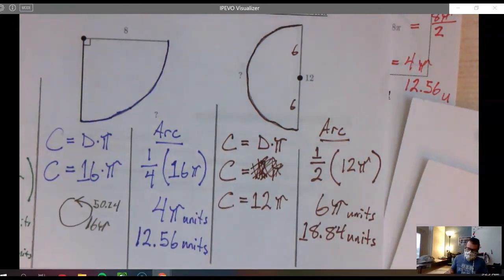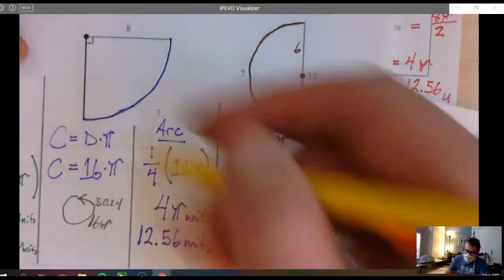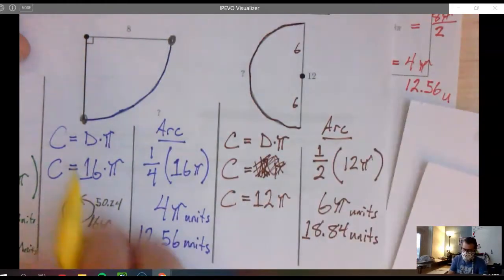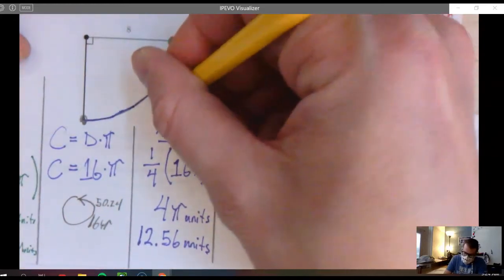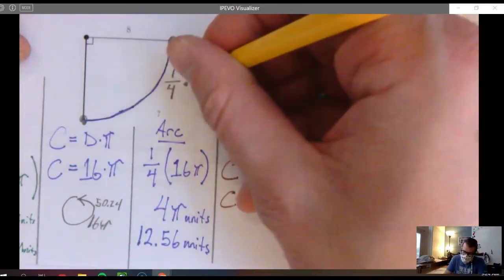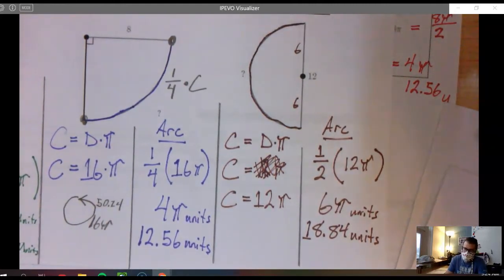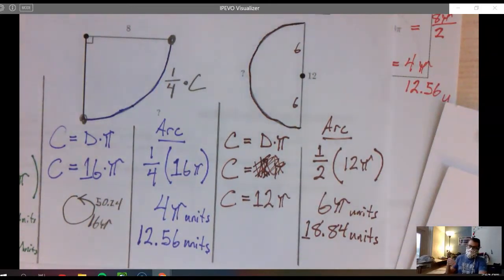Let's just call it feet. But we don't have to go all the way around the circle. We just have to go from here to here. So that much of the circle is 1/4 of the entire circumference, of the entire distance around. It's like if you start riding your bike and stop before your tire even goes around the whole time, or if your car just backs up a little bit.